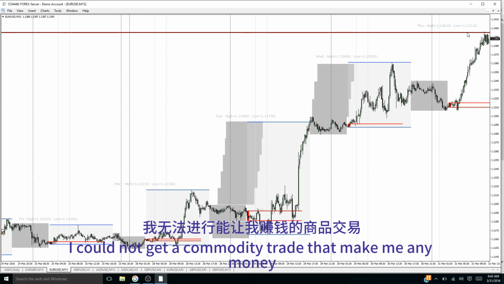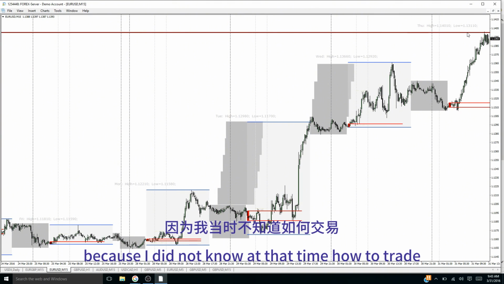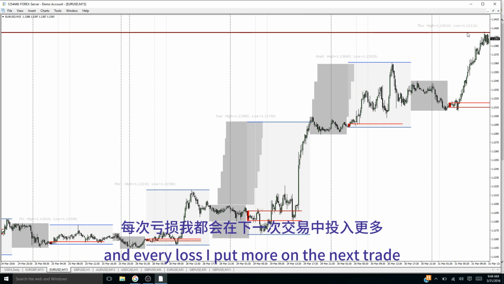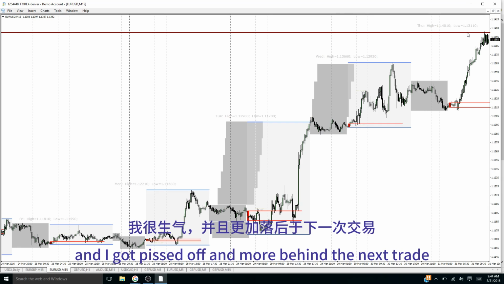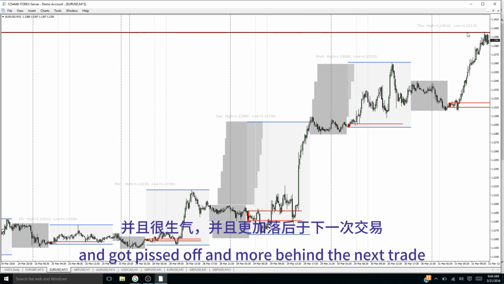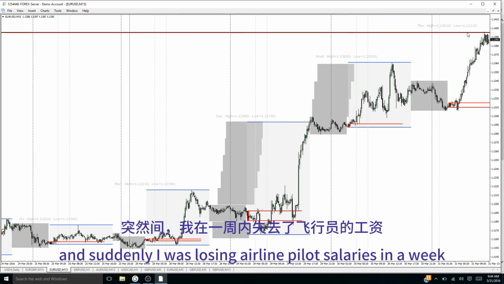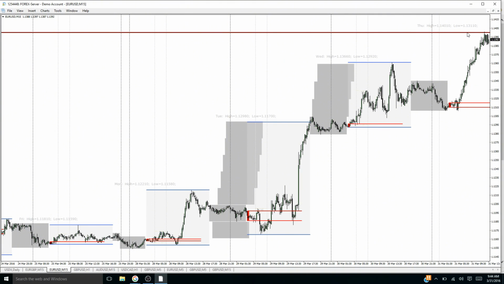I could not get a commodity trade to make me any money because I did not know at that time how to trade. And every loss, I put more on the next trade. And I got pissed off and more behind the next trade. And got pissed off and more behind the next trade. And suddenly I was losing airline pilot salaries in a week.